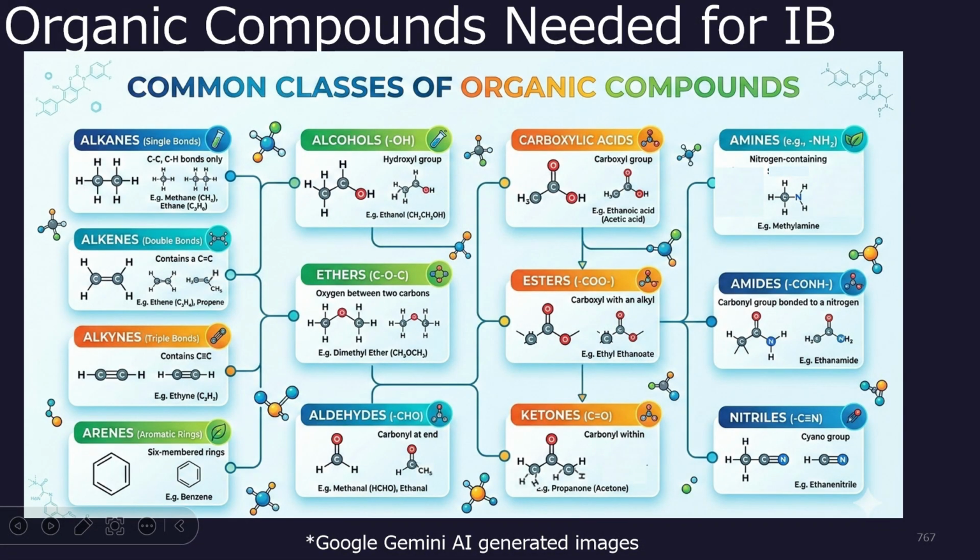But we're going to be looking at alkanes, alkenes, alkynes, arenes, alcohols, ethers, aldehydes, carboxylic acids, esters, ketones, amines, amides, nitriles, and one more that I didn't include on here, which is halogenoalkanes, alkanes with halogens attached. So this is what we're going to be talking about for the next hour or so.